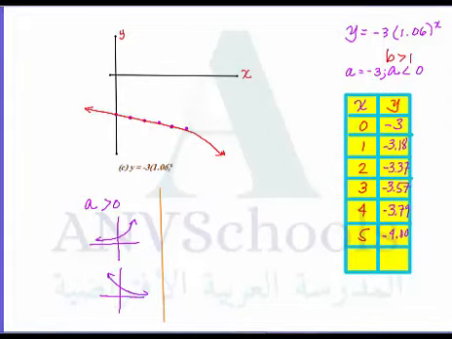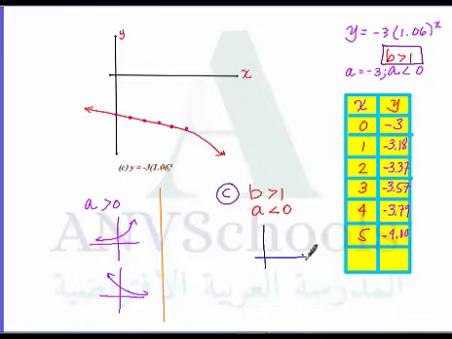So our graph now is like this. So indeed, for this portion, our b is greater than 1, but our a is less than 0, and it gives us a graph that is like this.